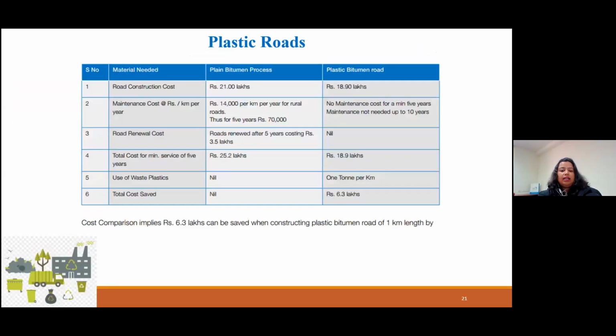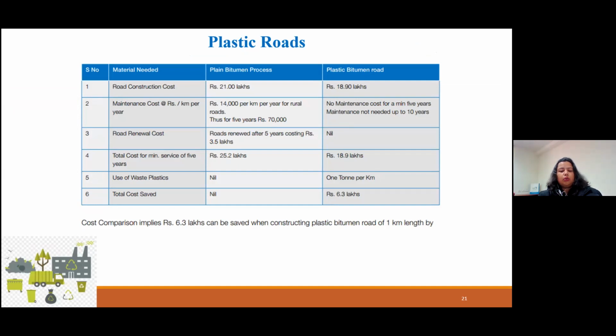Now I'll share these results. These are not results from DIT; these are results from Professor Rajagopalan, a cost analysis regarding the stretch he calculated it on.